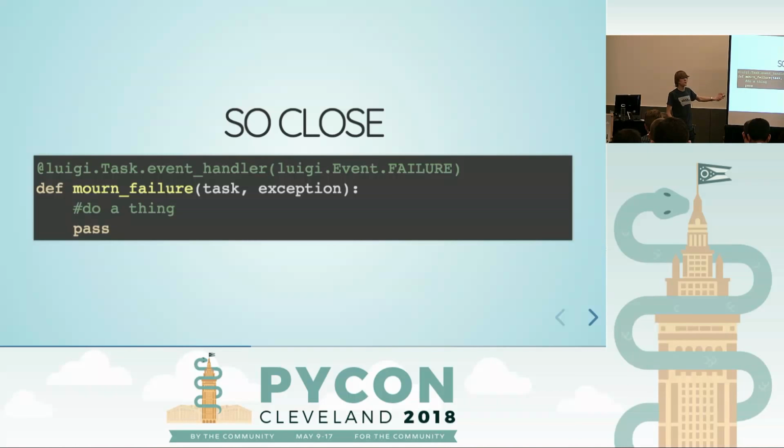Now, one thing to note about this is it only happens after the failure has completely happened. So if you try and recover from the failure in some way, the task has still failed. It doesn't matter that you fixed everything. It'll still report that something went wrong and no dependent tasks will end up running.